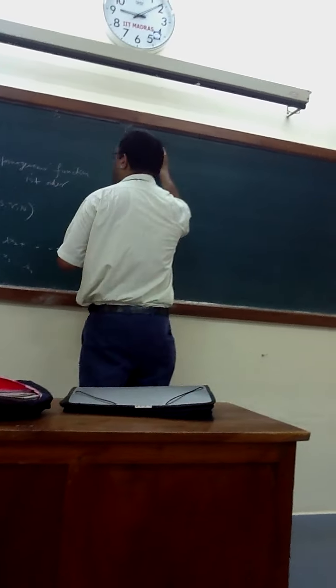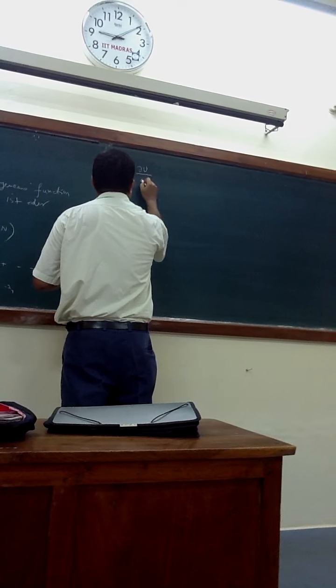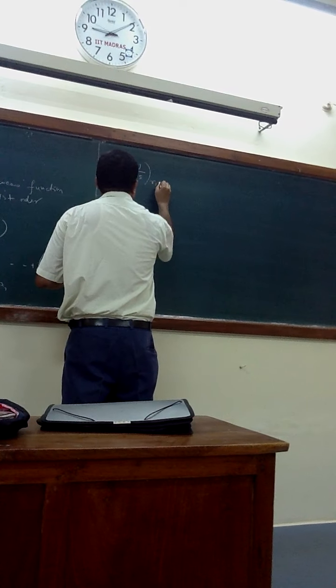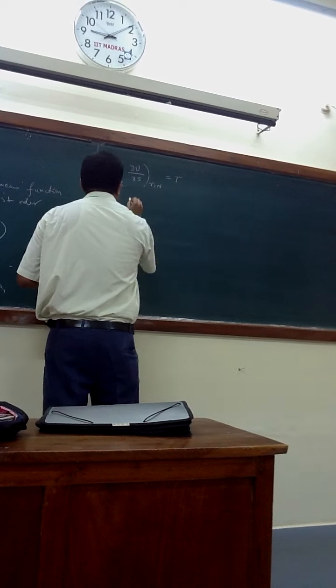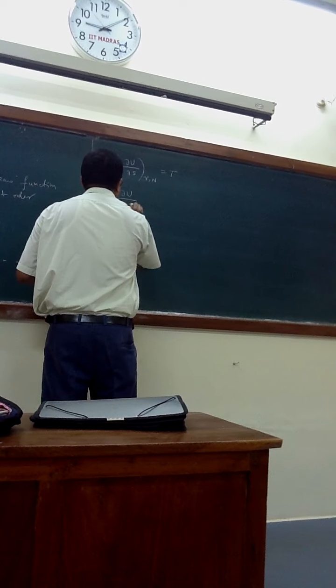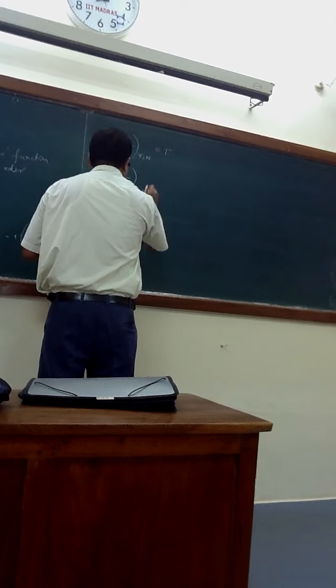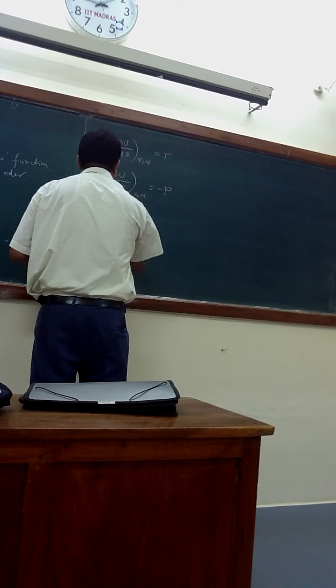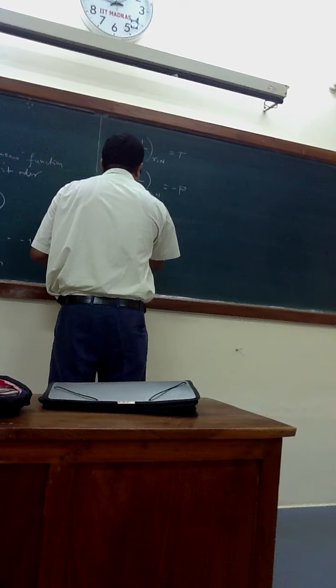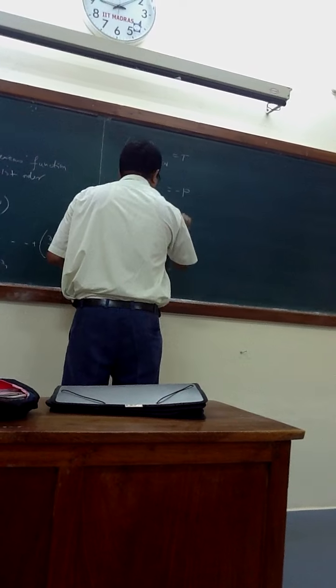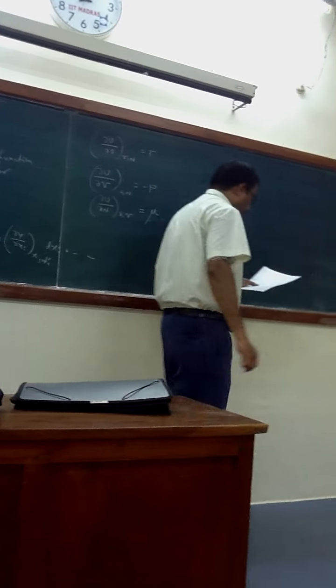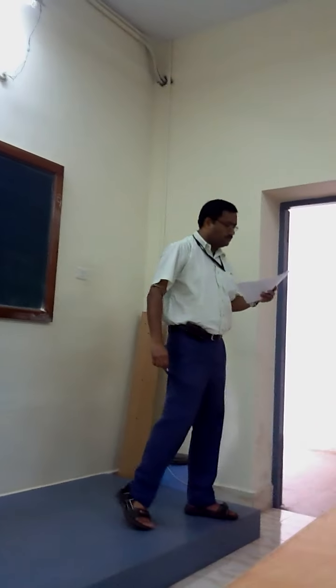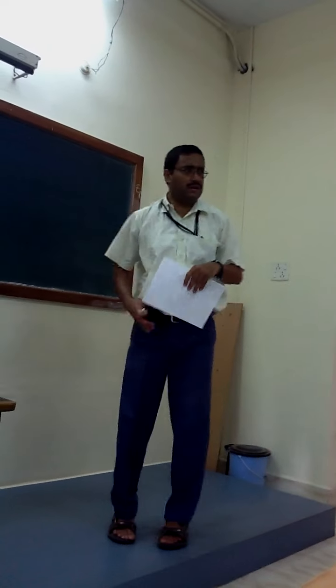So you got dou U by dou S at V, N equals T, dou U by dou V at S, N equals minus P, and dou U by dou N at S, V equals mu. Everything is clear so far.